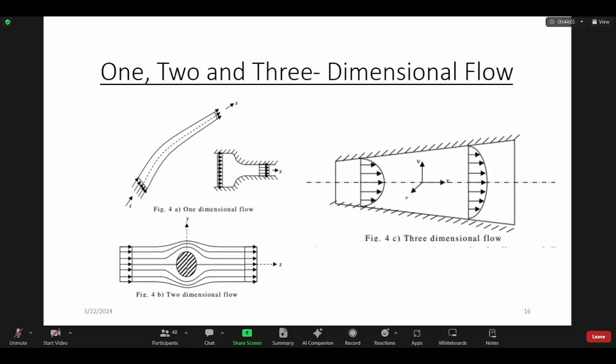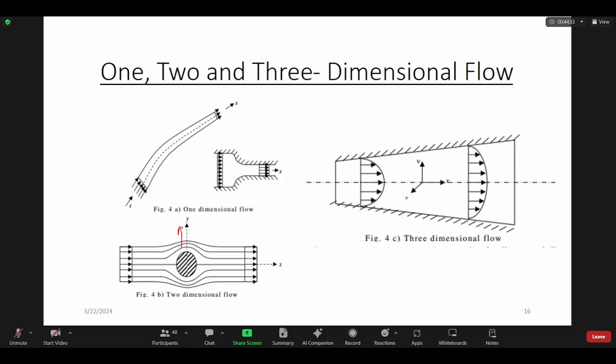Two-dimensional means it can change. This is the streamline. Then fluid is going through a pipe, and we can see a disturbance in the middle of the pipe. In this area, you can see its velocity direction change.